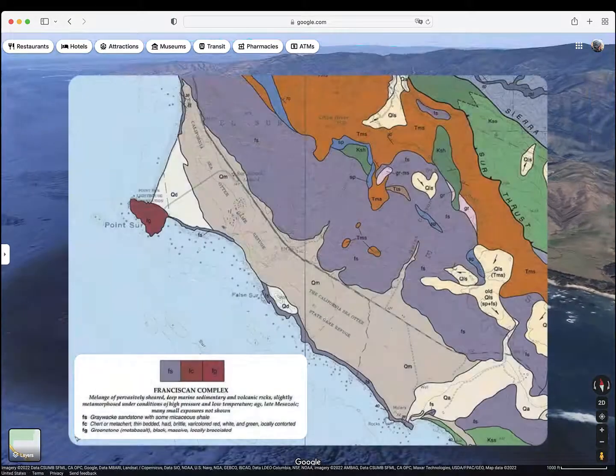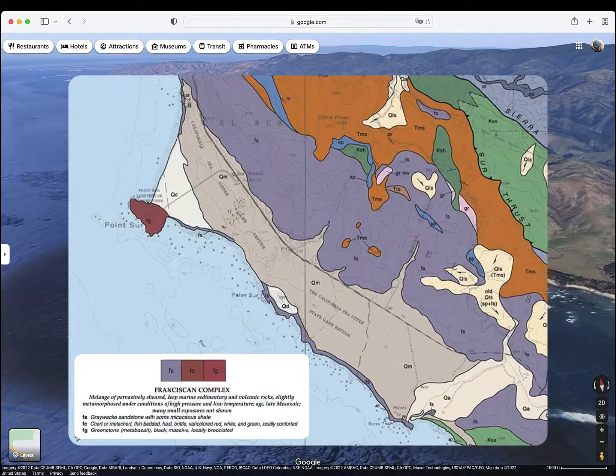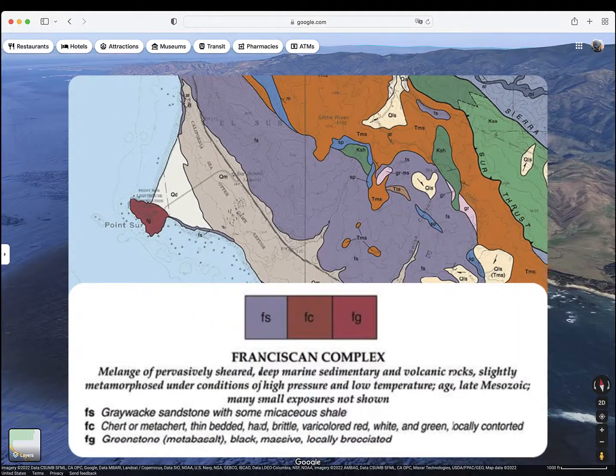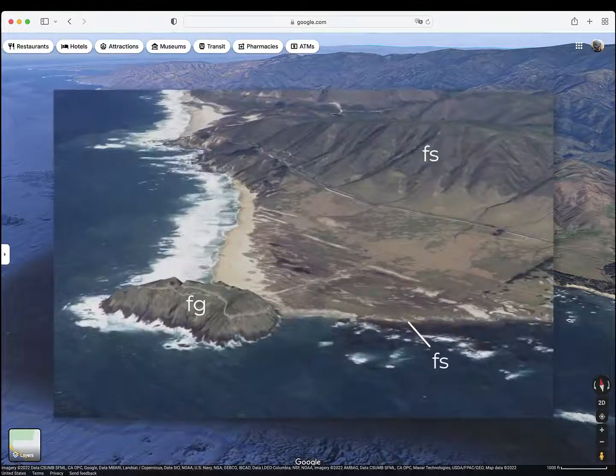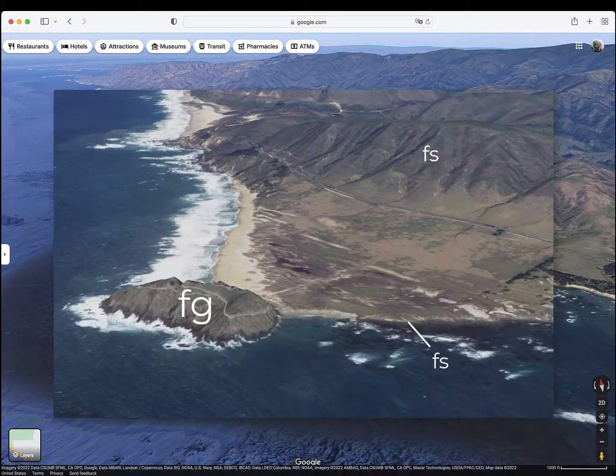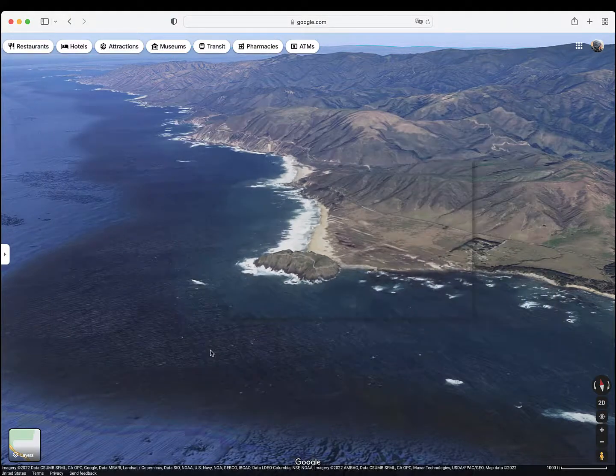Franciscan complex makes up the bedrock at Point Sur, with resistant metabasalt forming the 361-foot-high Sentinel rock outcrop. Connecting Point Sur with the mainland is a marine terrace built on less resistant Franciscan greywacke and covered with a thin veneer of dune and drift sand and marine terrace deposits.